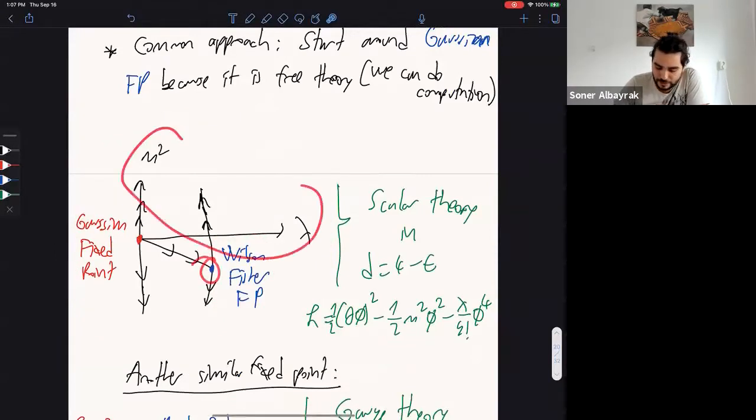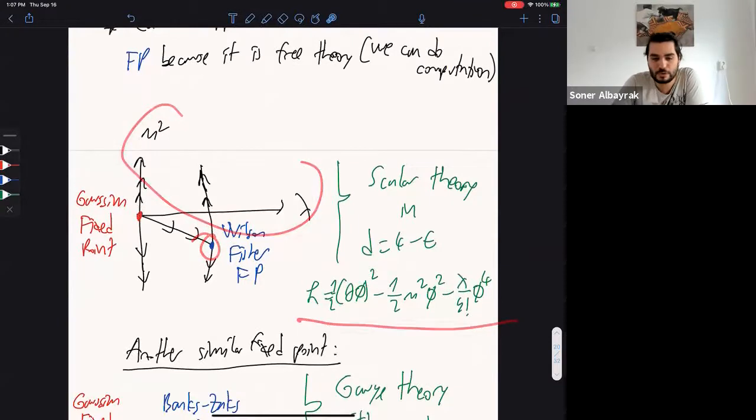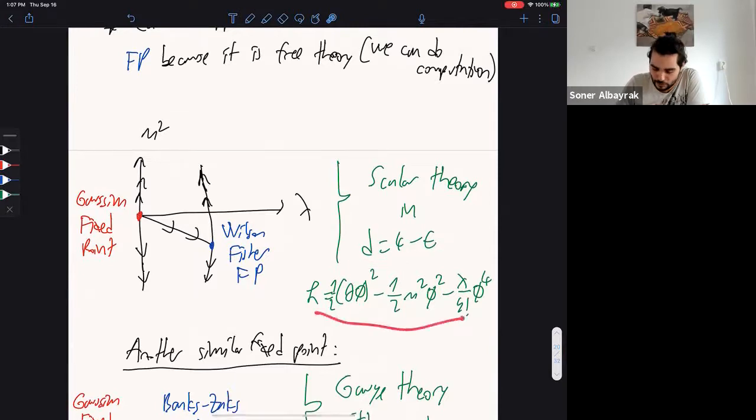This theory is for a scalar in d equals 4 minus epsilon dimensions, right? So we argued that if epsilon is 0, this Wilson-Fisher point is actually on top of the Gaussian fixed point. So it's actually free, which is why if d is equal to 4, everything is great, we can work.